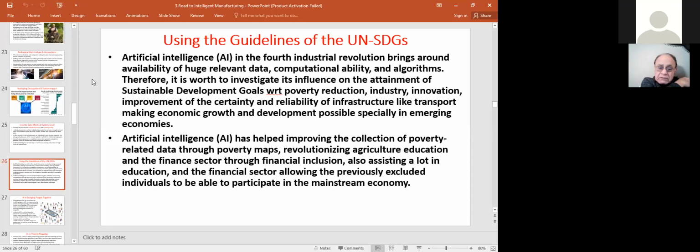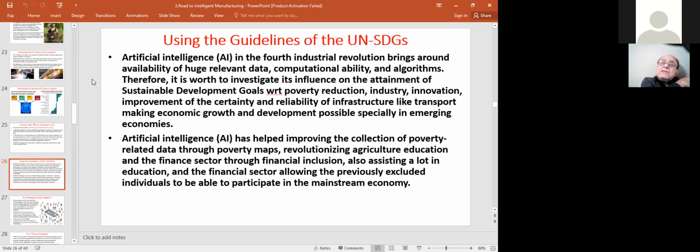It helps us because of its ability to collect poverty data, map poverty data, and revolutionize the agricultural, education, and financial sectors.